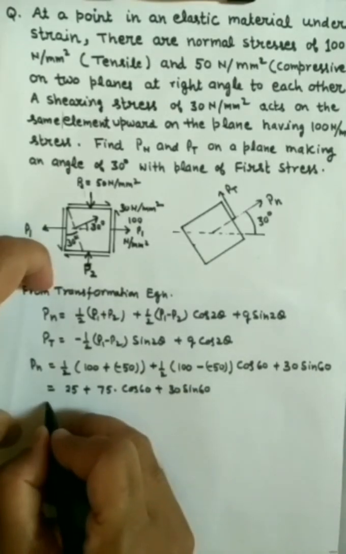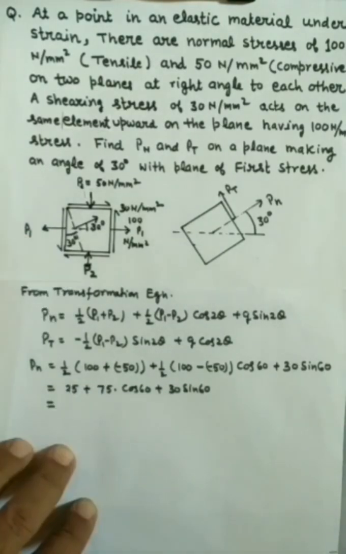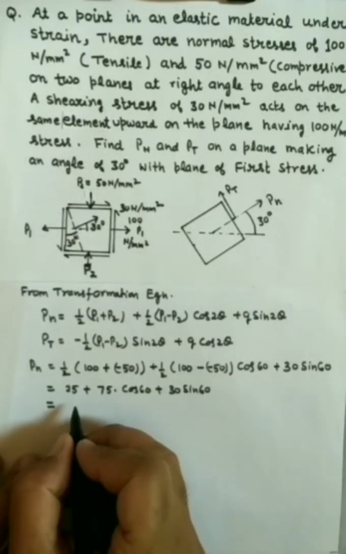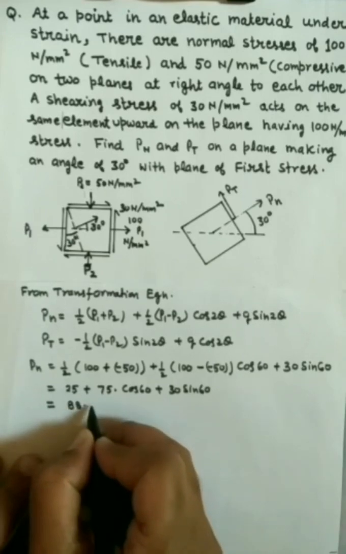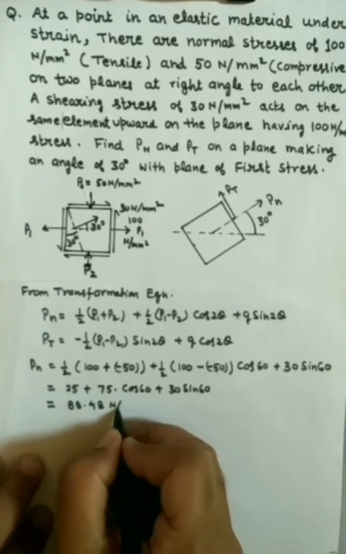Putting values for cos 60 and sine 60, we get value of Pn equals to 88.48 Newton per mm square.